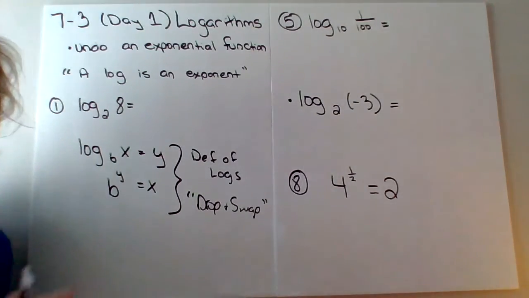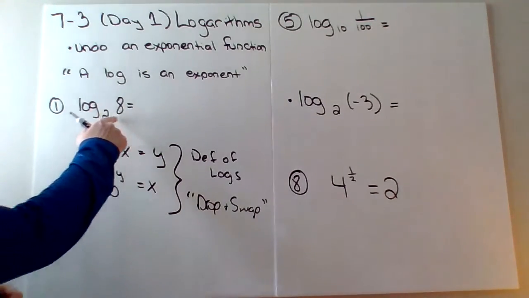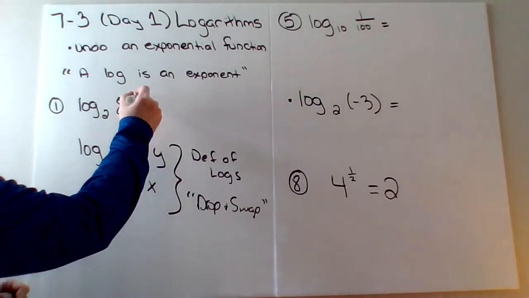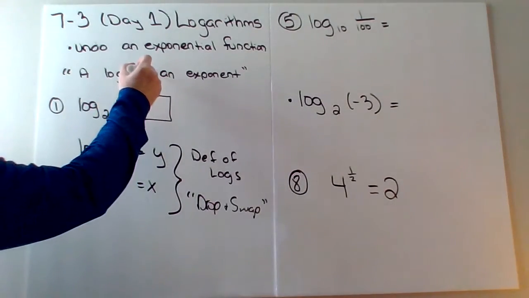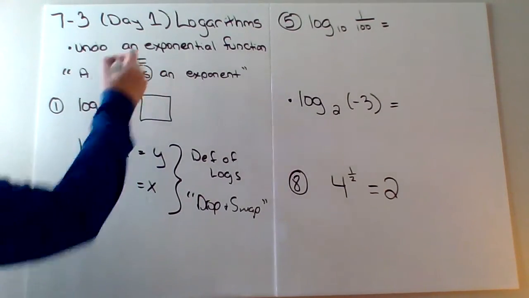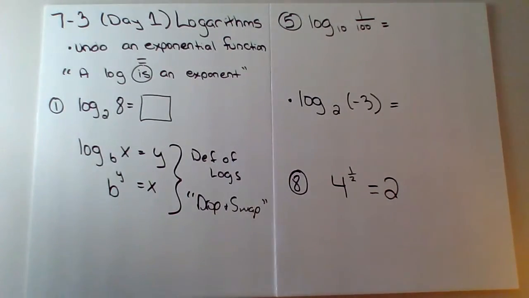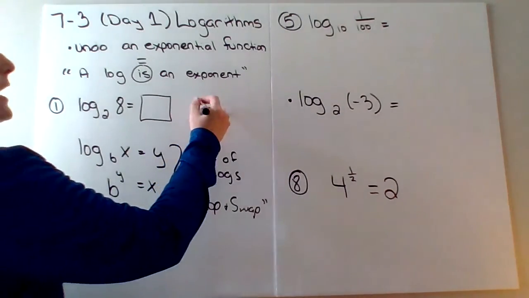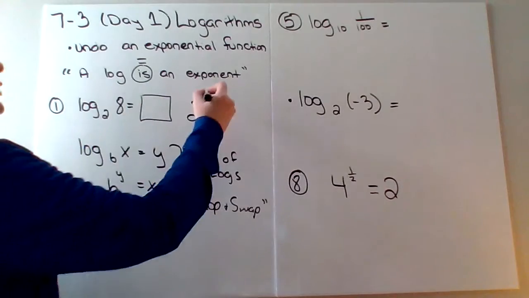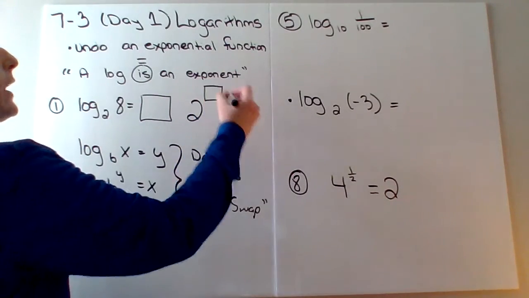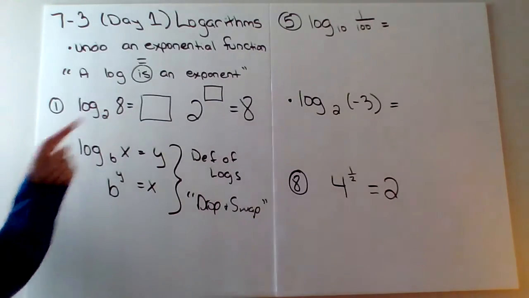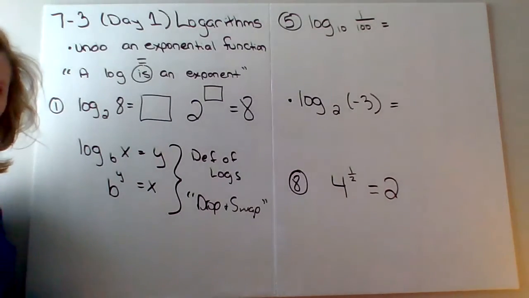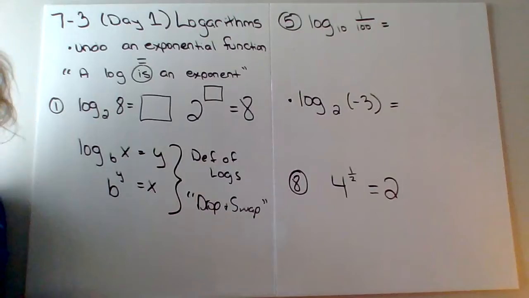So we would read this as log base 2 of 8 equals some number. A log means equals an exponent. So this says, if I take 2, what exponent do I have to raise it to that I would get 8? 2 to the what power equals 8?